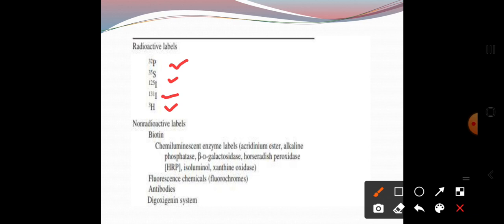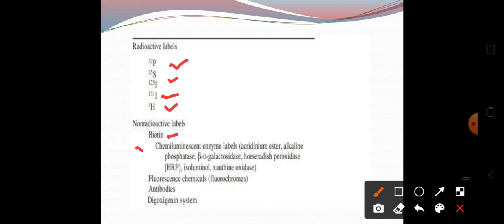Now the examples of non-radioactive labels, such as biotin. Biotin is a vitamin which is used in the detection of DNA-RNA hybrids and can be incorporated into the nucleic acid.